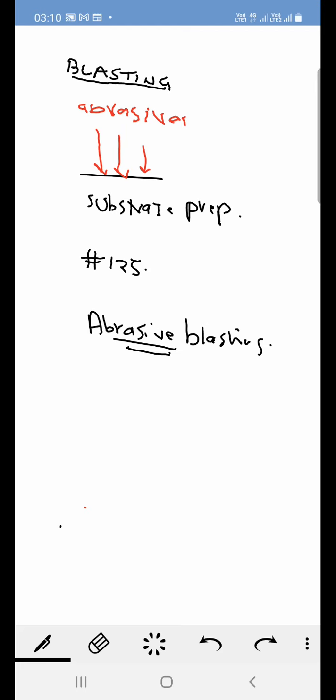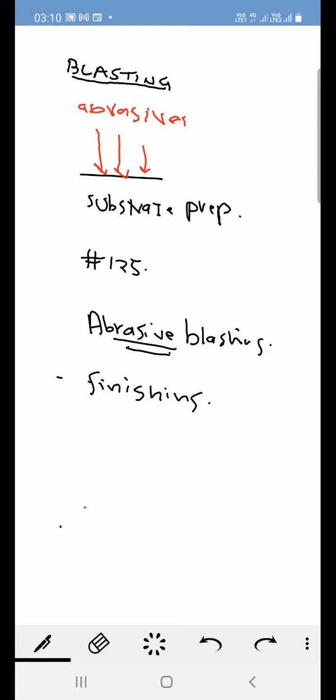Now the main points, if you look into the details of abrasive blasting: as I've told you, it's basically the finishing of materials by forceful direction of an abrasive media. So it's basically limited to finishing purposes.